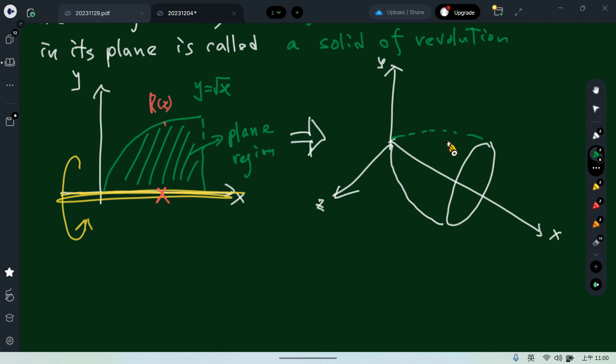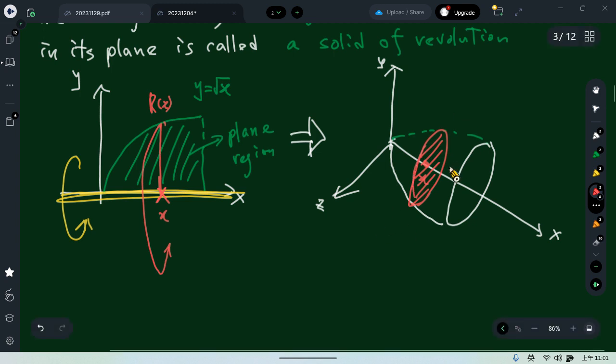So I just focus on some special point x, right? So the region here, we will just use this to rotate, right? Then finally, you can imagine that here is x, you can get this one. So can you tell me what the shape looks like?